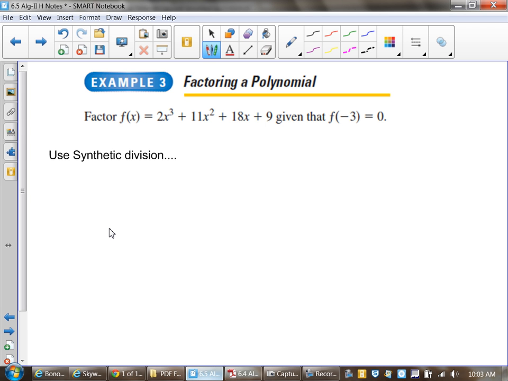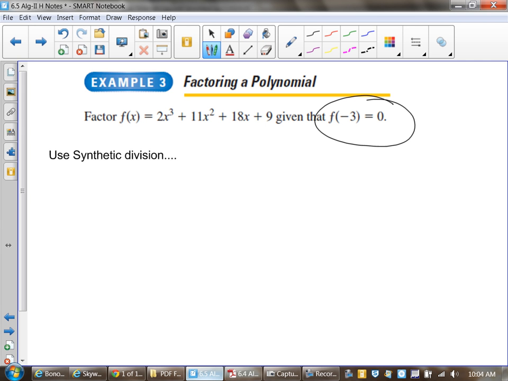2x cubed plus 11x squared plus 18x plus 9. And I'm going to factor this using synthetic division, knowing that my 0 is -3. That's what this means. F of negative 3 is your 0. That means that -3 is your 0.